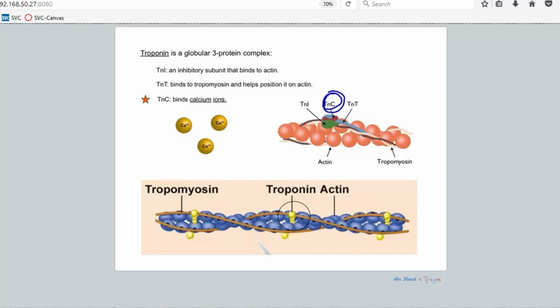What TNC does is it binds calcium ions. And that's going to be critical for skeletal muscle contraction, is that this TNC molecule is going to bind a calcium ion.